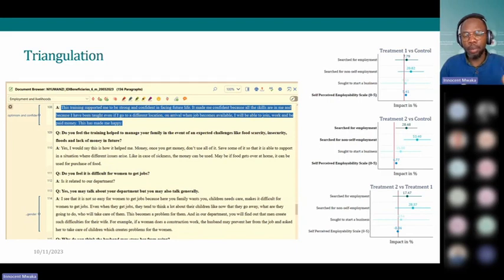self-perception, like people who went through the training had a good self-perception and self-confidence in themselves and in their skills. And this led to, for example, men searching for jobs, not really starting their own jobs, but searching for jobs because they were confident about this.